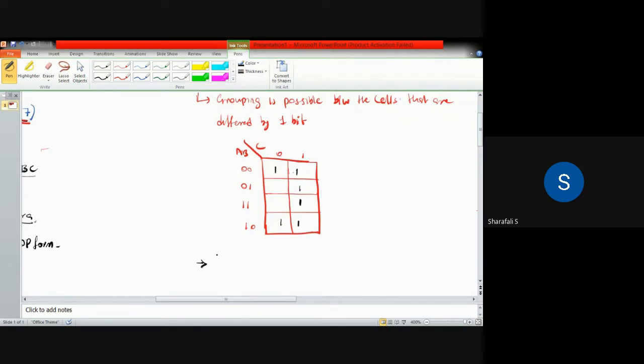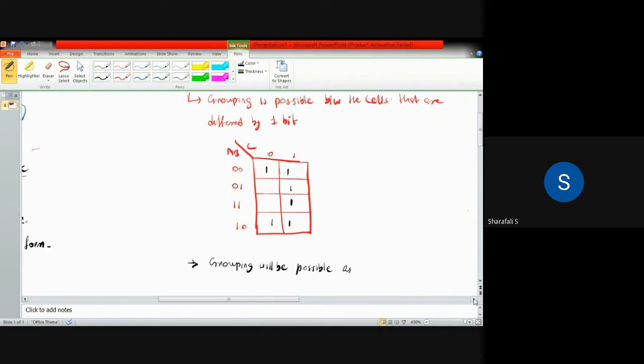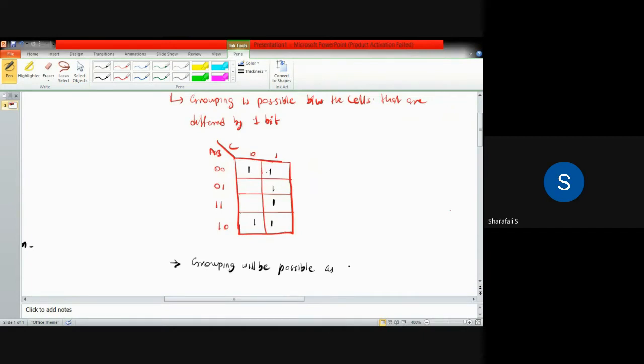So remember the first step is grouping. The number of cells in a group should follow the series, let's say 2, then 4, then 8, etc. You can also consider 16.